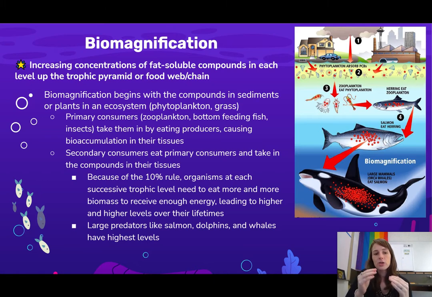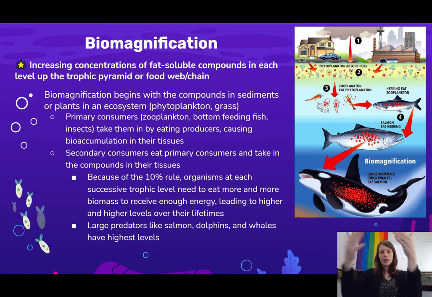Then the primary consumers on the bottom level of the food web, like the zooplankton, the bottom feeding fish, and the insects, eat the plants. They're going to take those compounds into their tissue. They're going to be getting their bioaccumulation.